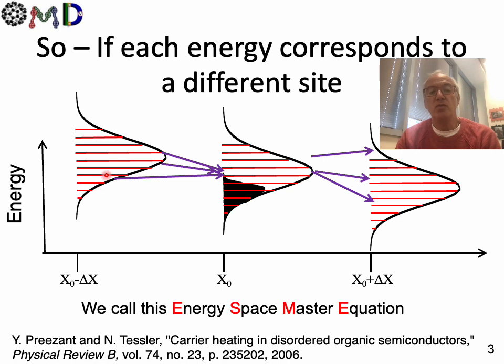And when we hop, we calculate the hop to a given slot in energy, and it doesn't relax within the same site. It can only relax if it jumps to a lower energy in the next site. We called this approach the energy space master equation, and we'll touch that later, but first we'll look at what we can learn from our simplest approach, which is the MMA.